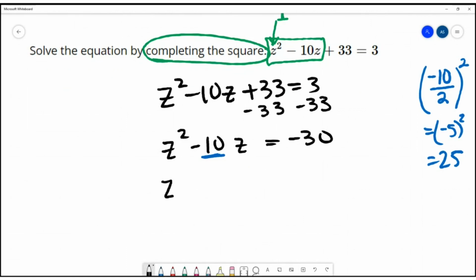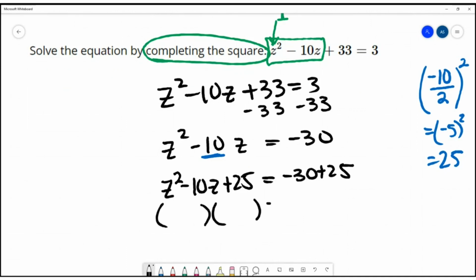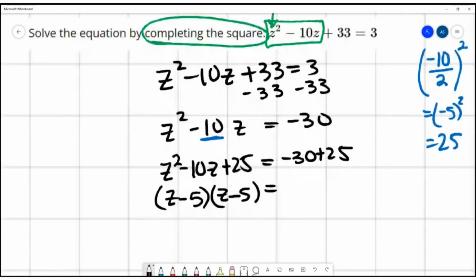I want to add that 25 to the left-hand side, and my equation needs to stay balanced, so I'll also add 25 to the right-hand side. On the left-hand side, if I factor, z times z is z squared, 5 times 5 is 25, and I need these to be negative, so I get a negative 10z in the middle.